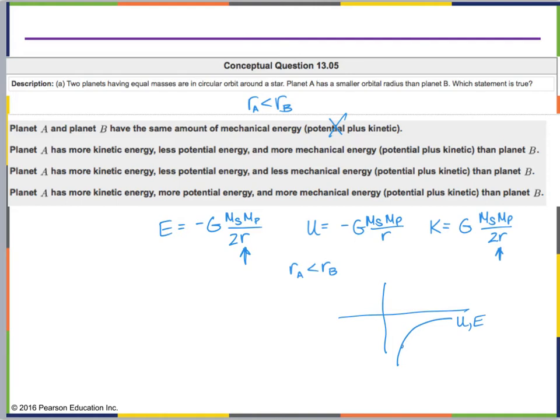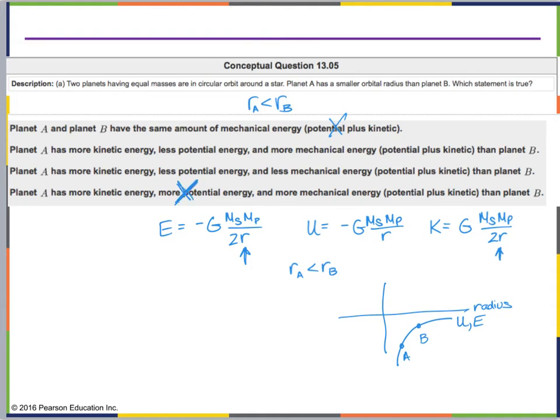Planet A is going to be here, and planet B is going to be here, because the radius, the horizontal axis, or R, is going to be smaller for planet A than planet B. So planet A is going to have a smaller amount of potential energy, so this eliminates this choice.